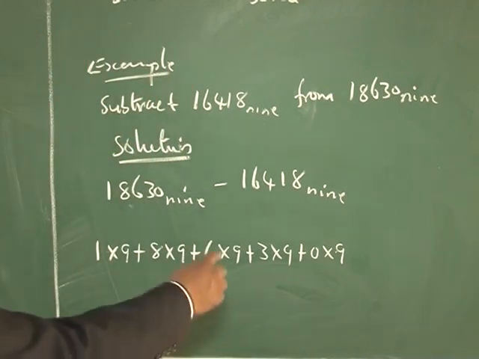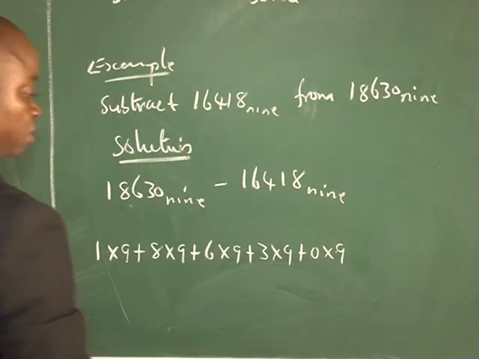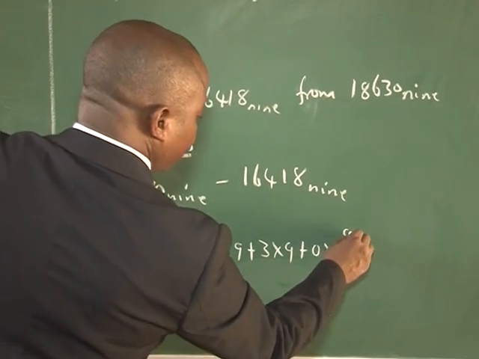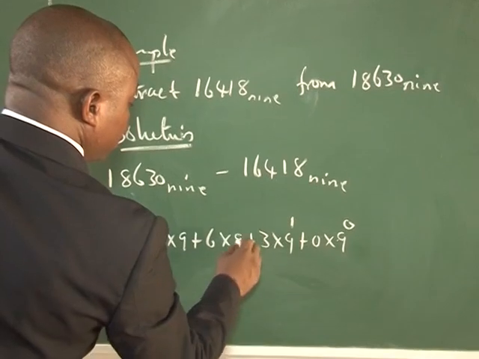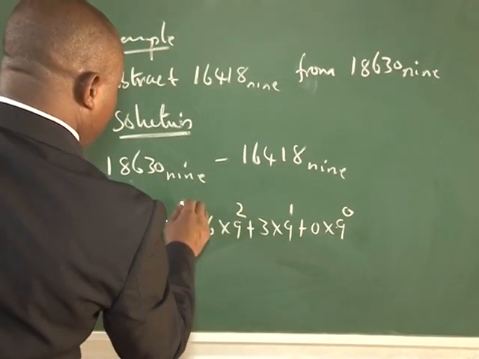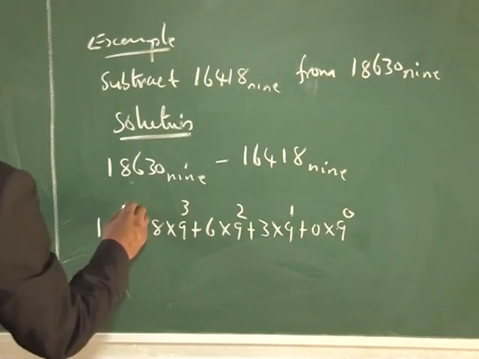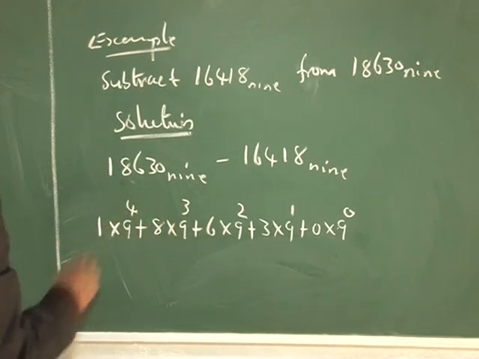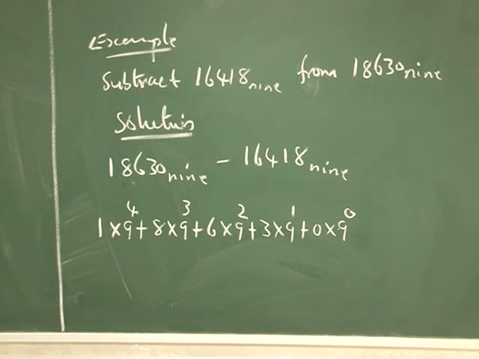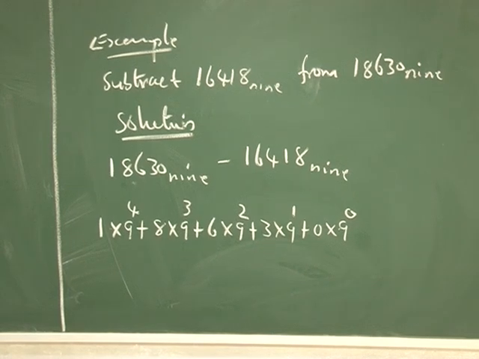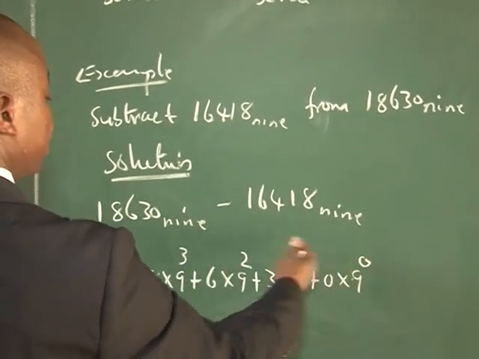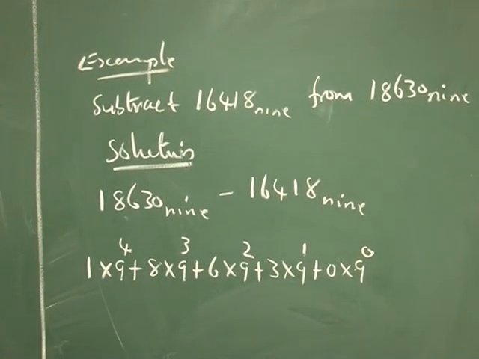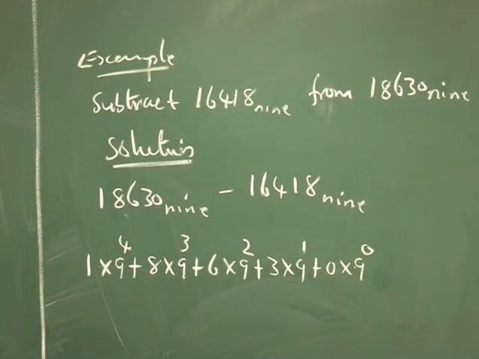Then we are going to raise the base to powers starting from 0, and then this side becomes 1, 2, 3, then we have 4. So we raise each base to power starting from 0 in increasing order. We start from right to left. Thereafter, we can simplify it.